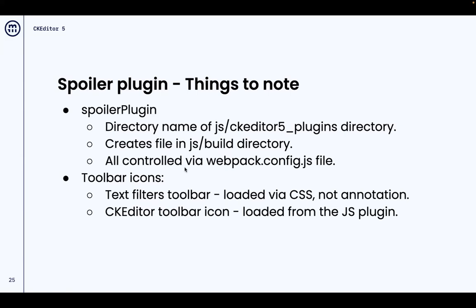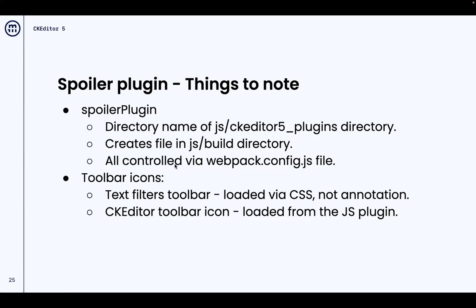In addition to that, there are two different places where you need to specify the icon file. So the SVG file that you use in the toolbar, presuming that you need an SVG file for a toolbar icon, you have to list it in the admin CSS file that is loaded on the text filters admin page.